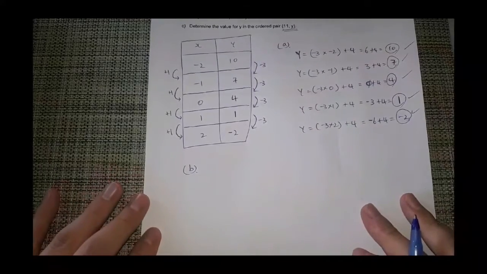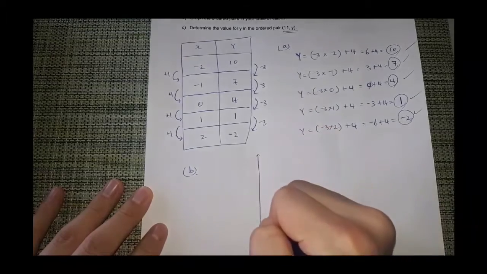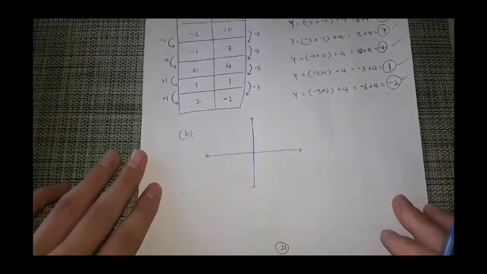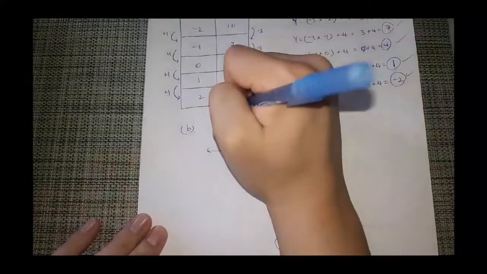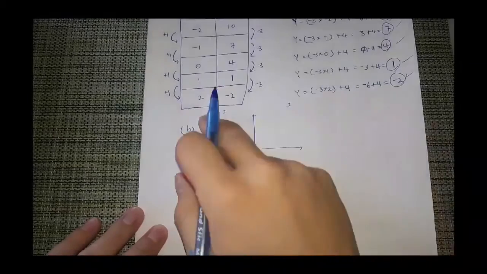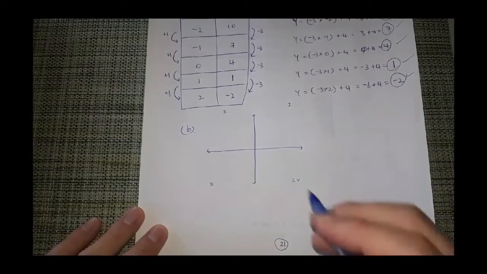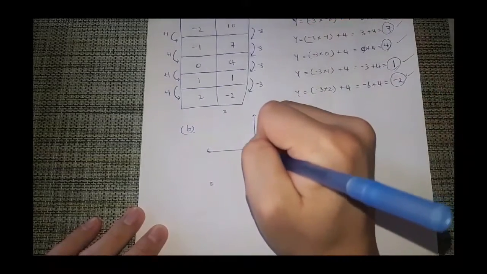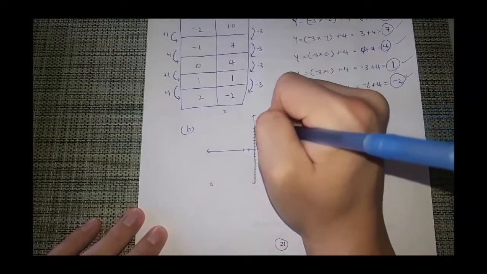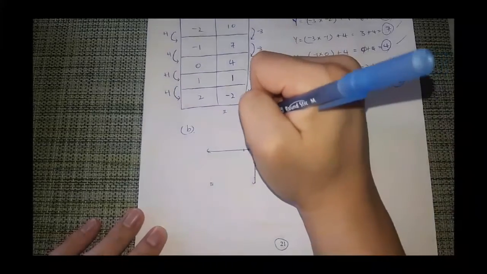B. Graph the ordered pairs in the table of values. This time, we have a concept of positive and negative, so it's a good idea to have all of the quadrants 1, 2, 3, and 4. You don't have to put the Roman numerals, but this sometimes helps because negative 2 and 10 give you some idea which coordinate belongs where.